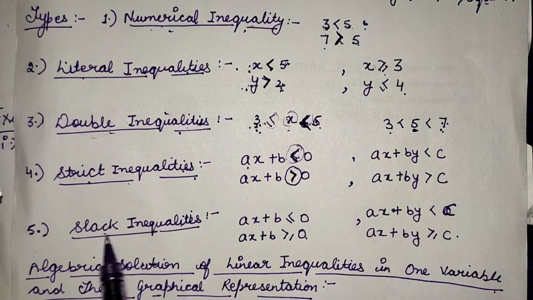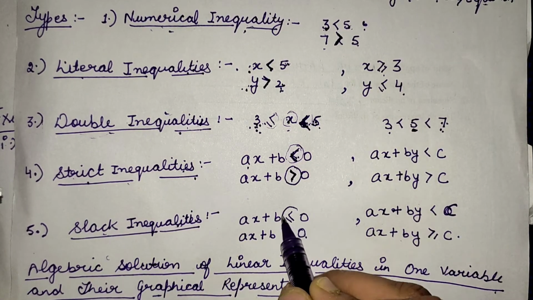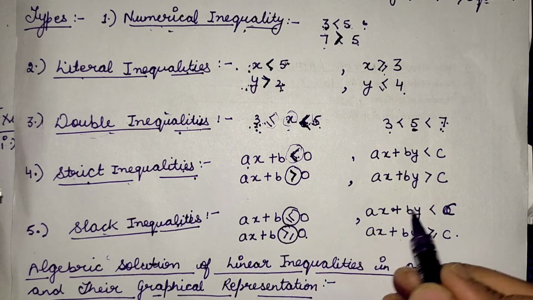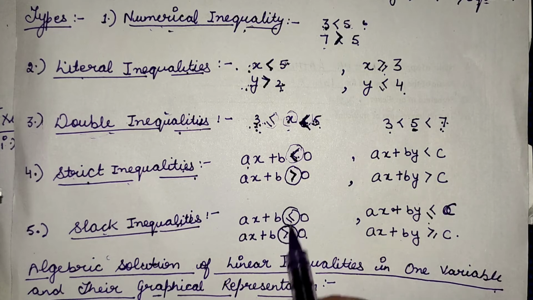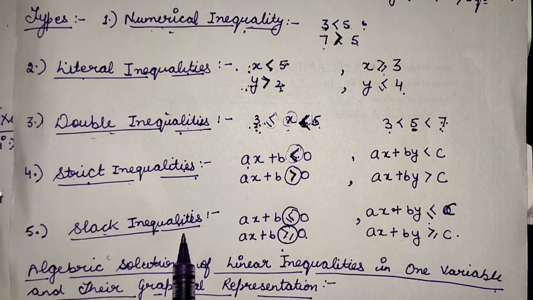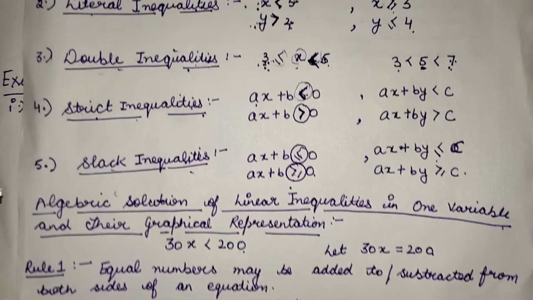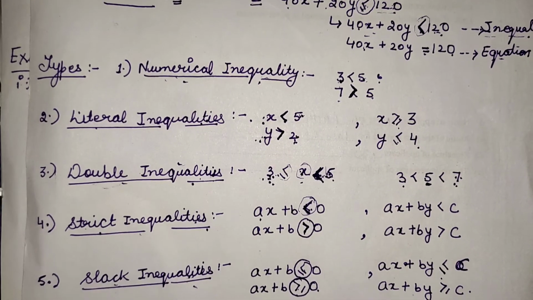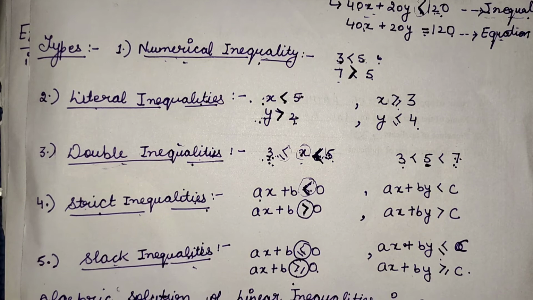Slack inequality means when both the symbols less than equal to or greater than equal to are used, then it is called slack inequalities. So these are all the terms which are going to help you while solving your questions, right?